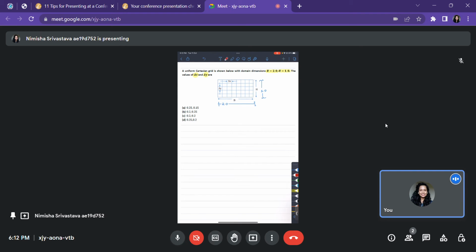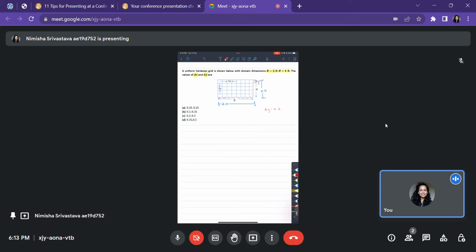If we look at delta y, we know that 1 has been divided into 1, 2, 3, 4, 5, that is 5 parts. So that means your delta y is 0.2. Let's see what's happening with delta x. 1, 2, 3, 4, 5, 6, 7, 8.